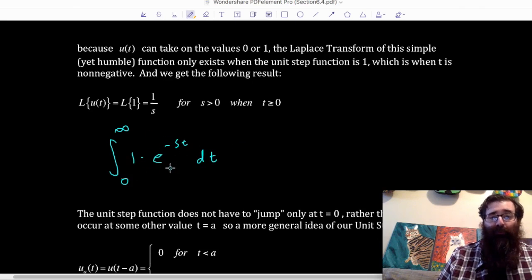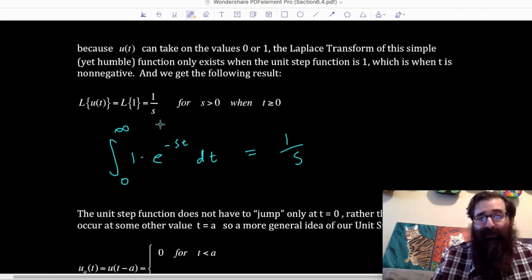We did this back in section 6.1, and this gives us the result of 1 over s. It's really just the same as taking the Laplace transform of 1. So this is a common result for us.